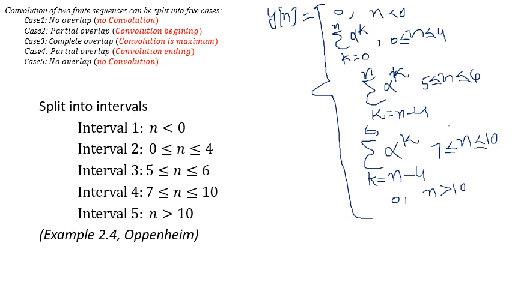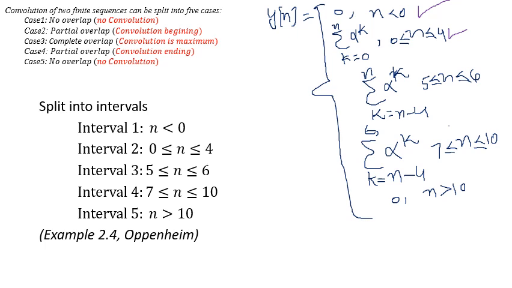So we have the first interval where there is no overlap. The output was 0, which is this case. Then if we look at this one, we have the partial overlap.